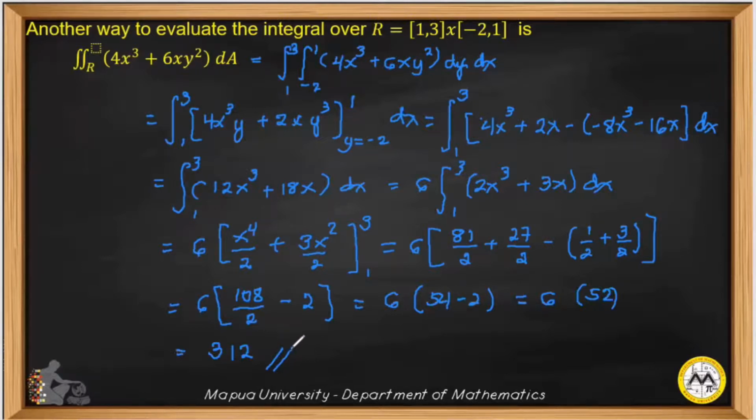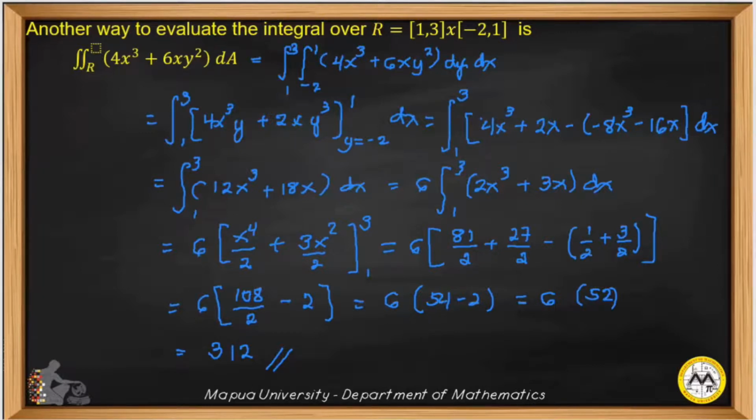So that is how we reverse the order of the integral, and there is no problem here since we have a rectangular region. We can go vertically or horizontally, lower to upper then left to right, or left to right then lower to upper, without problem if we have a rectangular region.